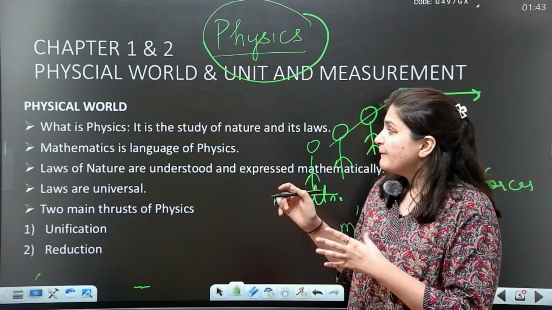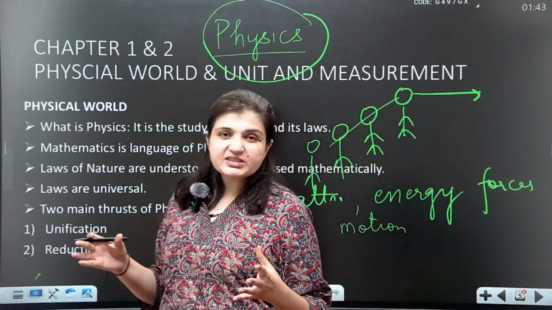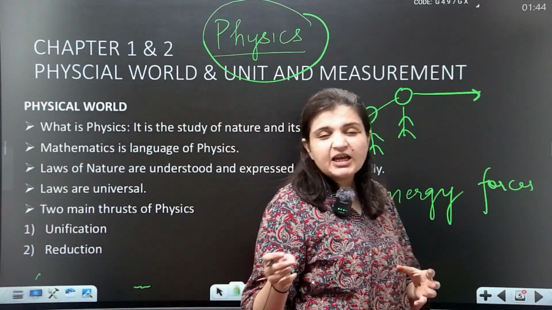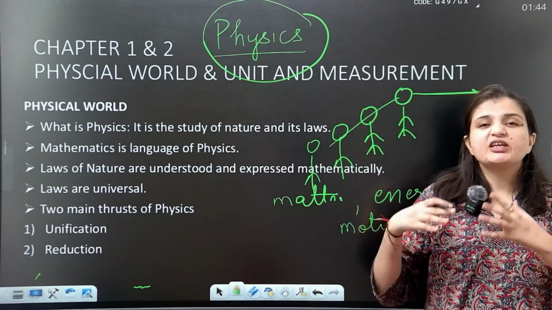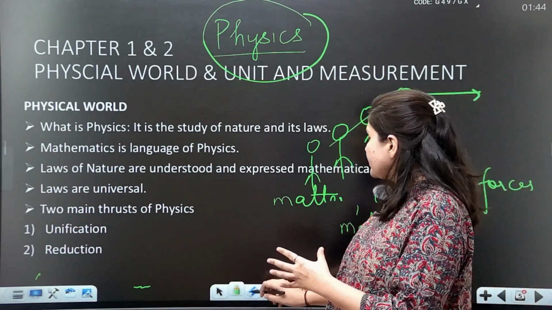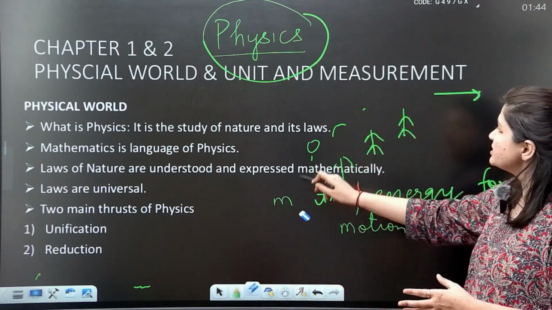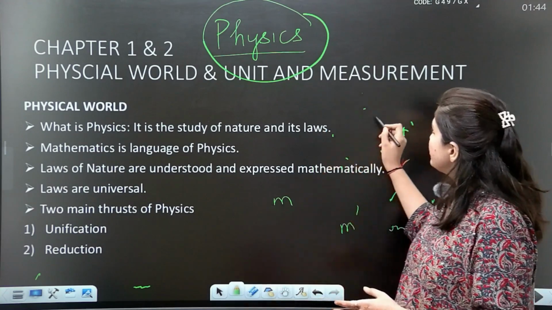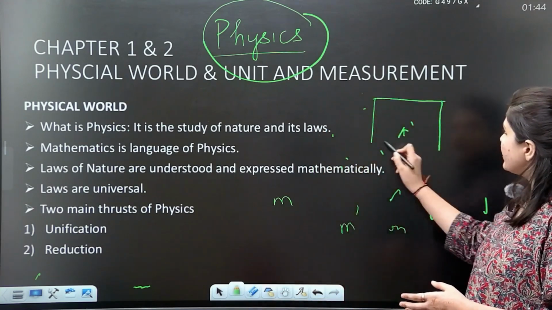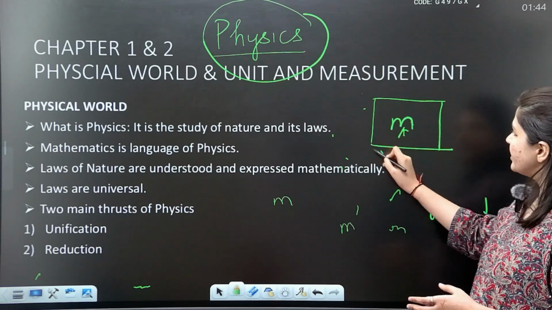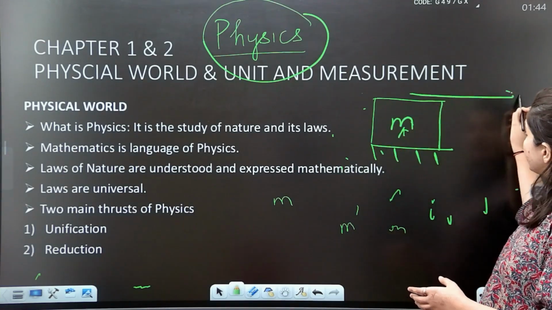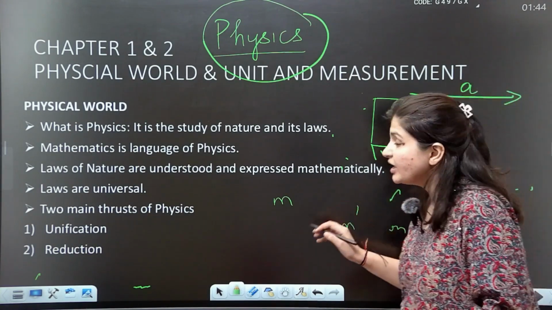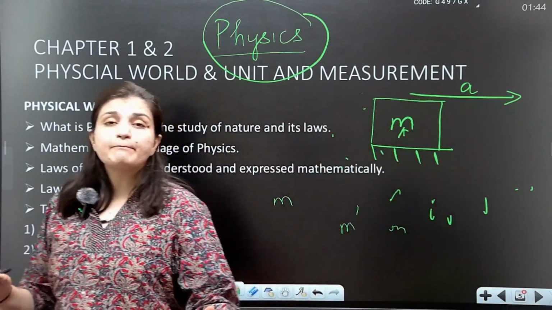Now, mathematics is the language of physics. We can simplify all physics concepts using maths. For example, if we have an object of mass m running with a certain acceleration, what is the force imparted to it?